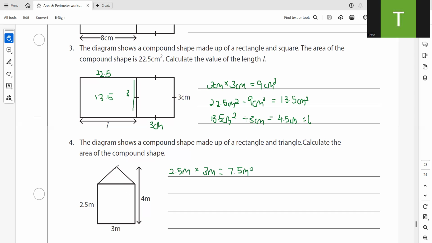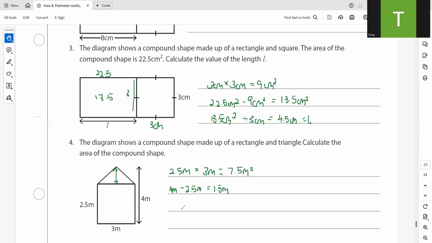Now let's find the triangle. To find the triangle, you need to find the horizontal height first. Here we have the total height of the compound shape, which is 4 meters. Then minus the height of the rectangle, 2.5 meters, we'll get 1.5 meters.